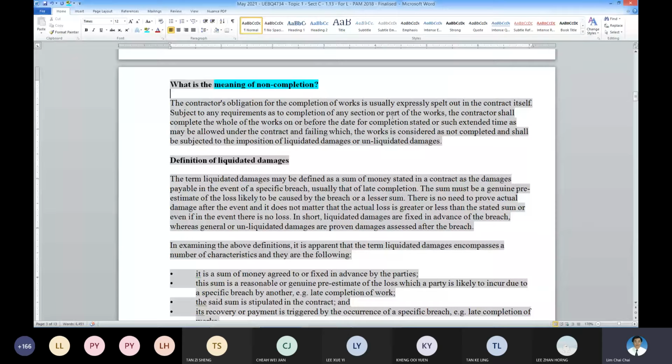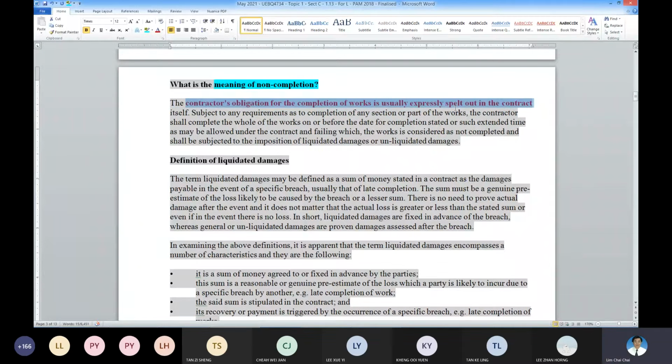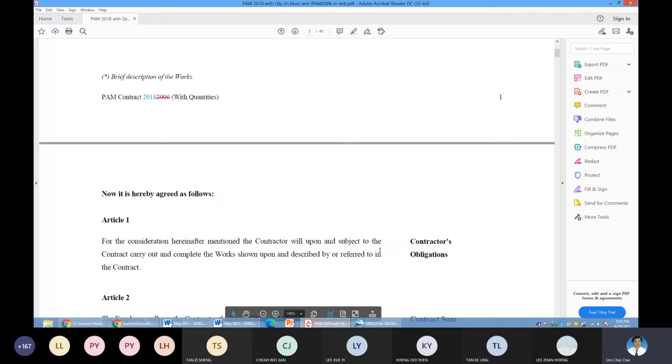So if you cannot finish within the original contract duration or its valid extension, then the project is considered as non-completed. The contractor's obligation is expressly spelled out in the contract, because there is a commencement date and a completion date. So this is expressly stated.